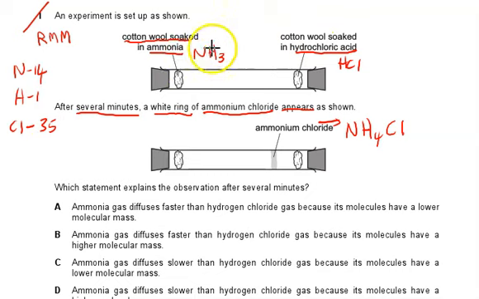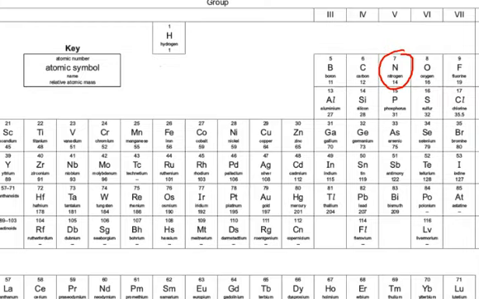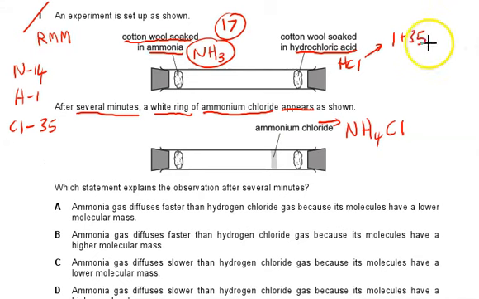If you add them, you have 14 plus 3, so in total you get 17, and here you have 1 plus 35. Is it 35 or 35.5? The chlorine here is 35.5, so the total RMM here is 36.5, which is a bit heavier.